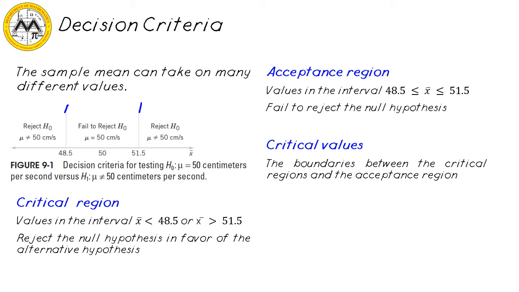The critical region would be the region outside this acceptance region, so the values in the intervals x bar less than 48.5 and x bar greater than 51.5. So we reject the null hypothesis in favor of the alternative hypothesis. These two values, 48.5 and 51.5, are the critical values. These are the boundaries between the critical region and the acceptance region.